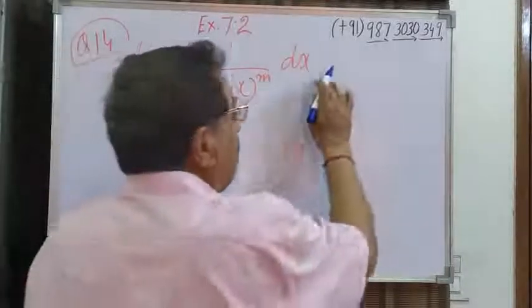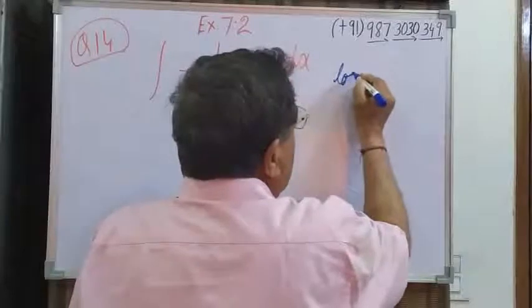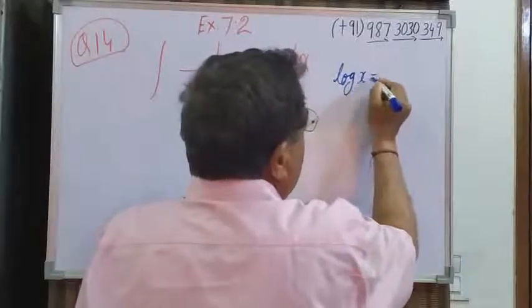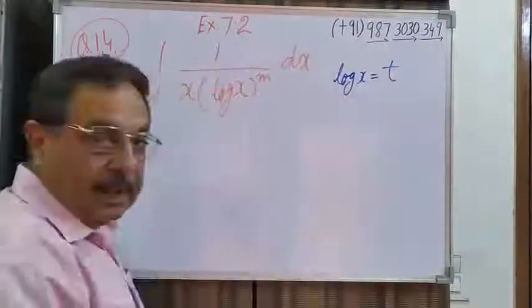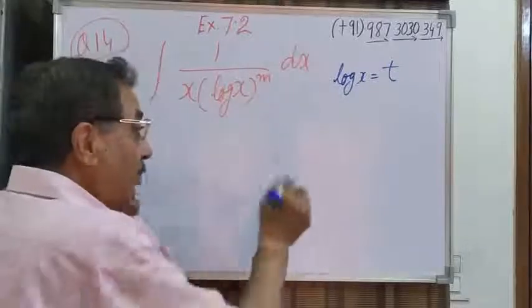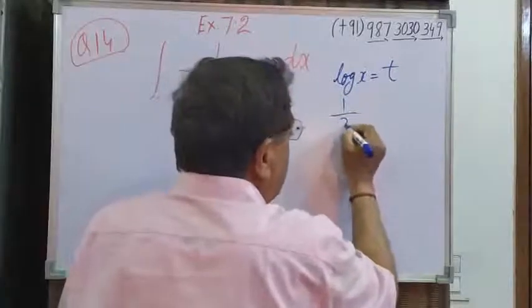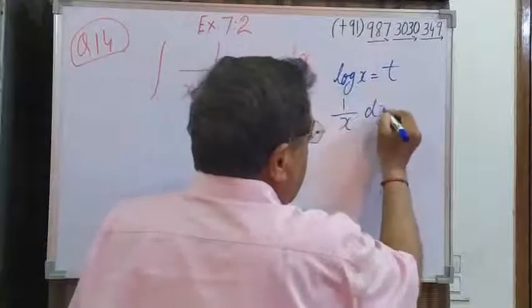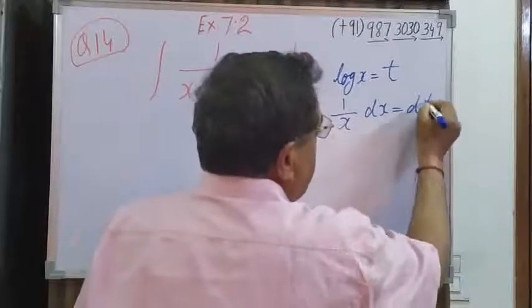So what will I do? I will take log x equal to t. So let log x be equal to t. What we get is, the derivative of log x, 1/x dx, is equal to dt.